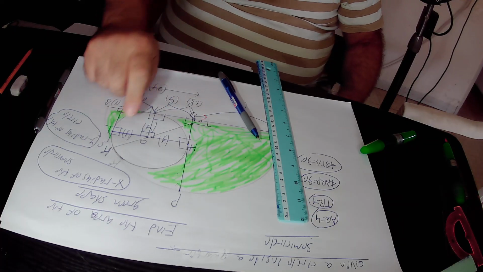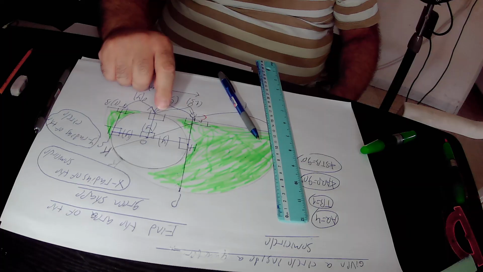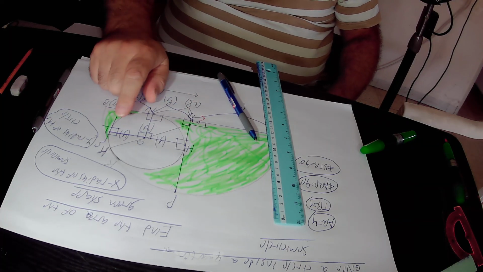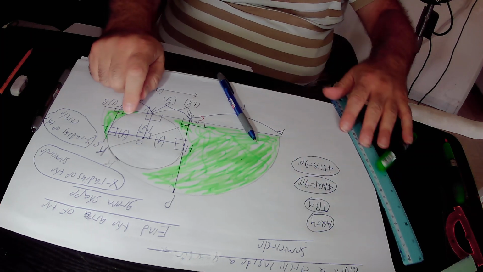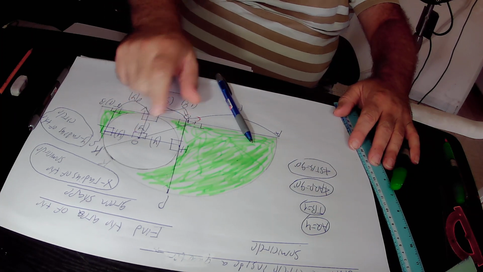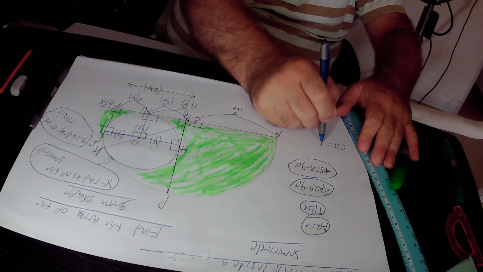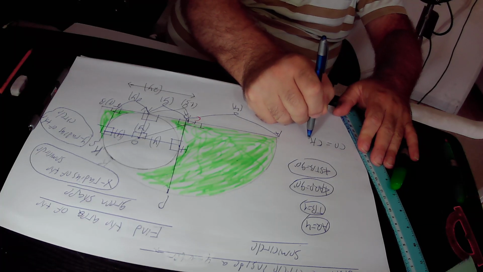If COK is one straight line, it means that CO must be equal to CK minus OK. So write it down. CO equals CK minus OK.